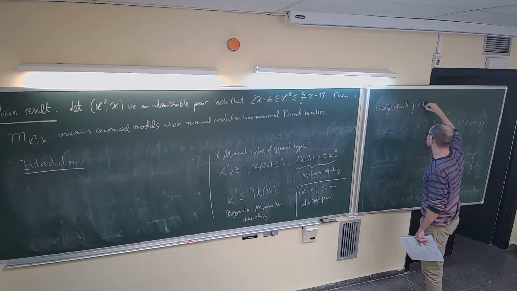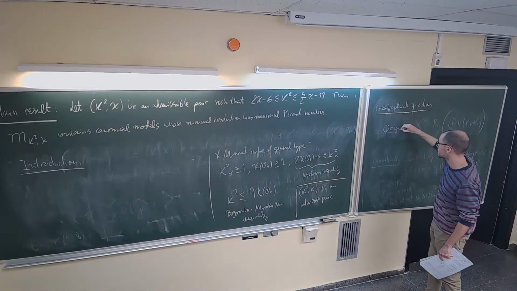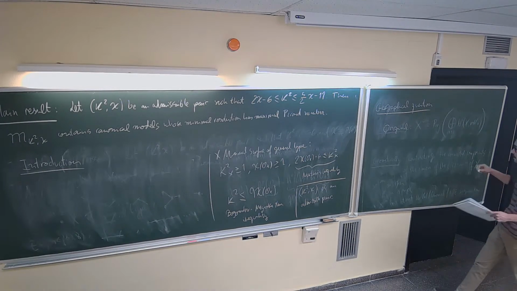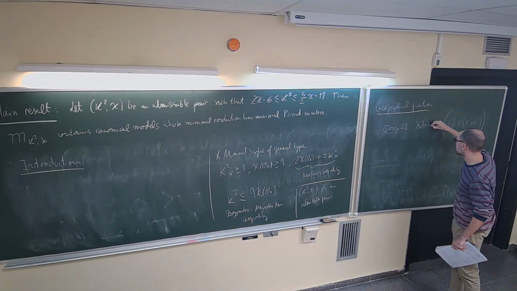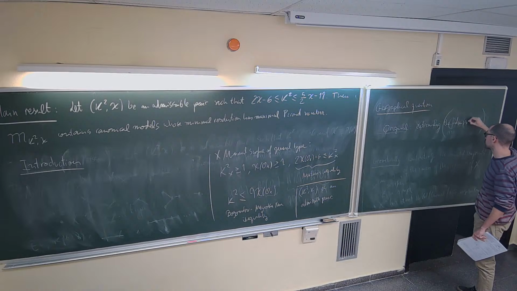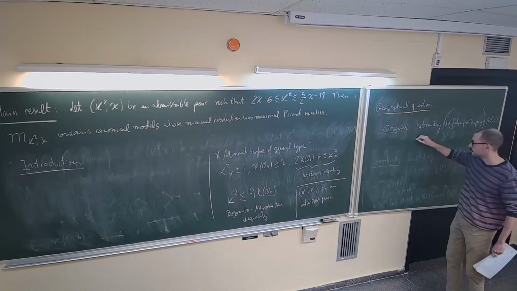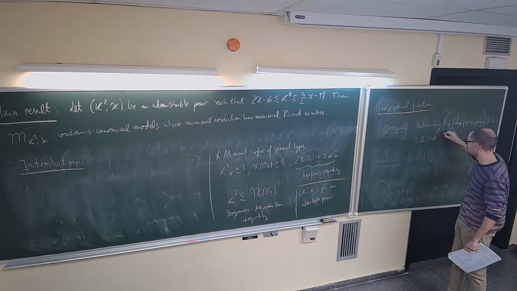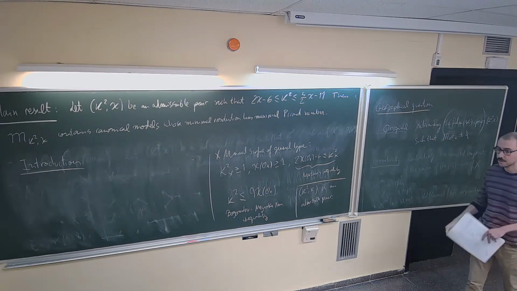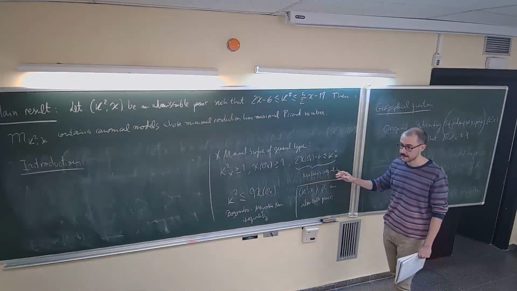So the original geographical question consisted in determining the admissible pairs such that, okay, we know that if we have a minimal surface of general type, then these inequalities must be satisfied.